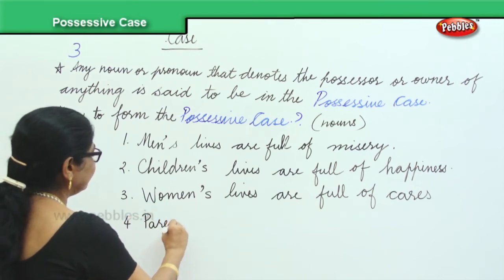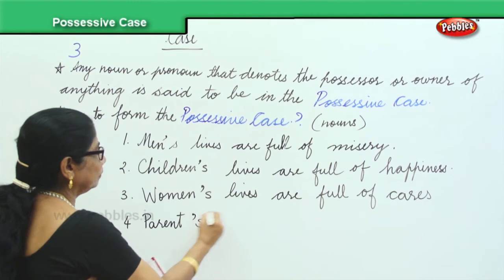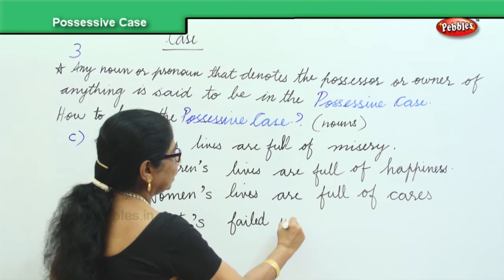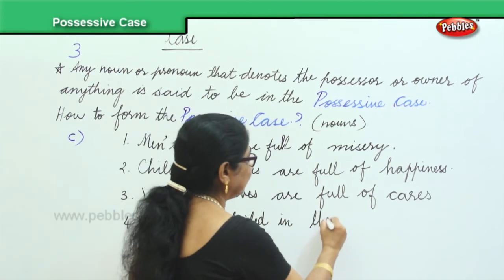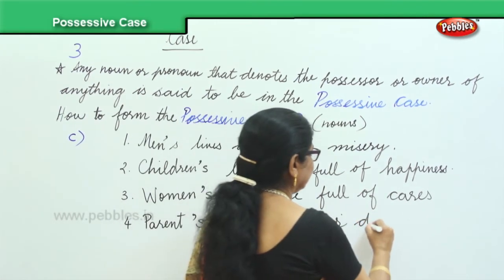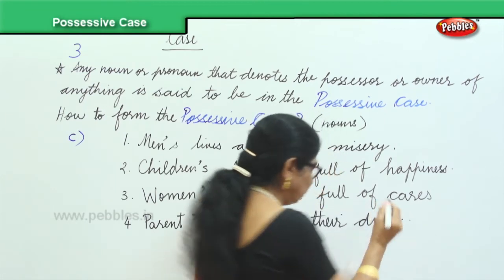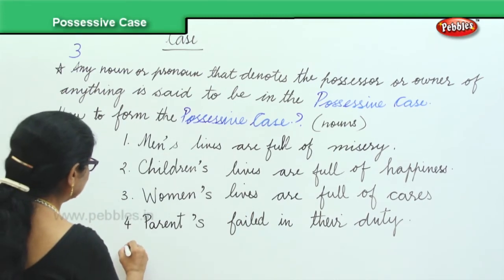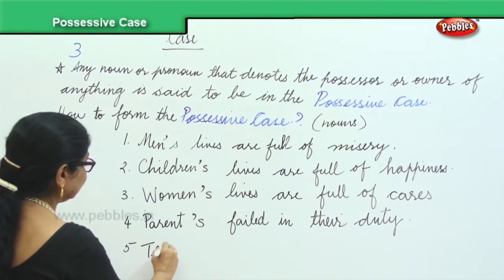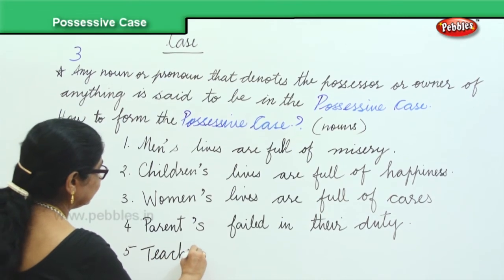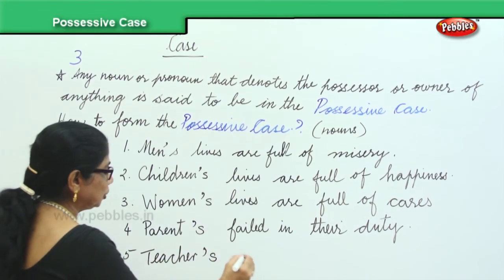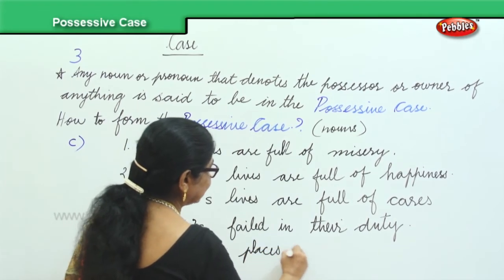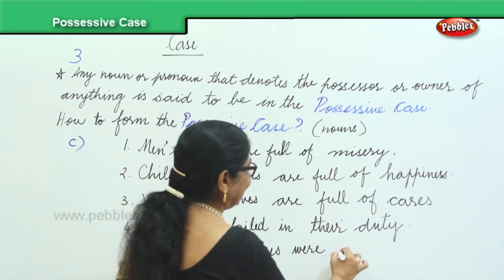Parents failed in their duty. And look at all the plural form here. Okay, you can say teachers. Teachers' places were empty.